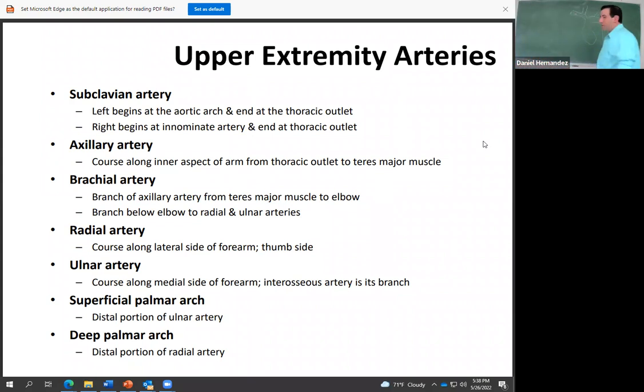So the nice thing about arteries, particularly the central arteries, is they're just extensions of the same artery. We don't really have any branching yet, they just change names as you cross state lines. Think about it like a highway, changing its name as you cross over into another state.